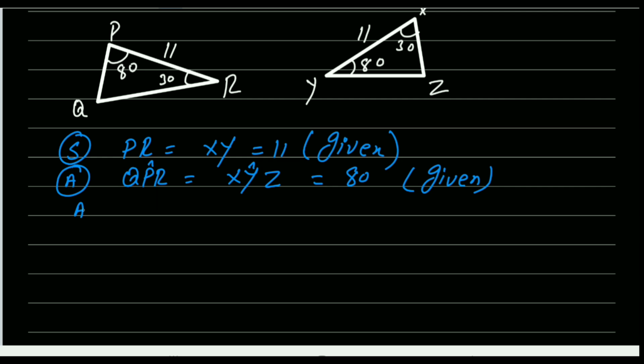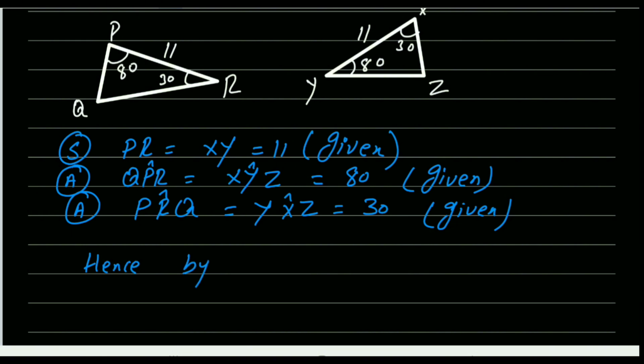Third is also an angle: angle PRQ is equal to YXZ is equal to 30, and the reason is also given. So two angles and one side are given, and you will just write that they are equal, with the reason just given. So you can say hence by angle side property, this is proved.